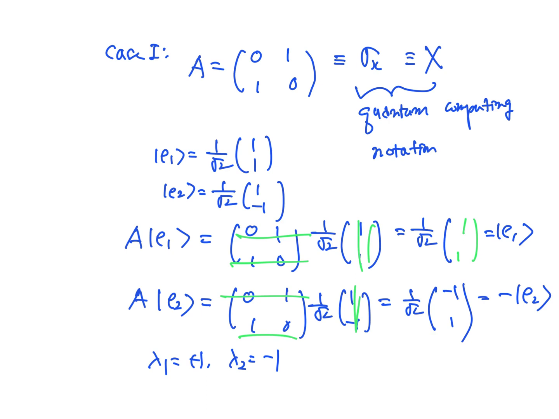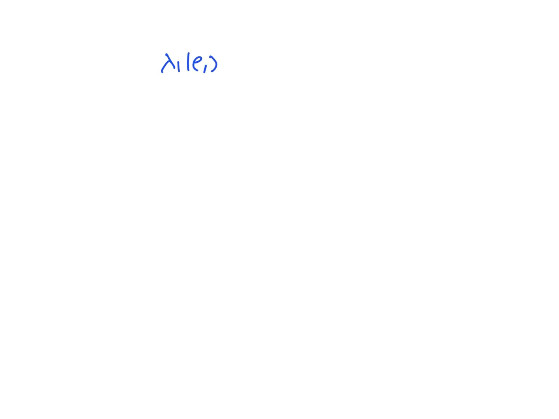Let's see if the second property, the last property, satisfies the spectral theorem. It's only 2 by 2, so very simple, but it contains all the basic concepts of the spectral theorem. This was your A, and we want to see lambda 1 E1 E1 plus lambda 2 E2 E2.